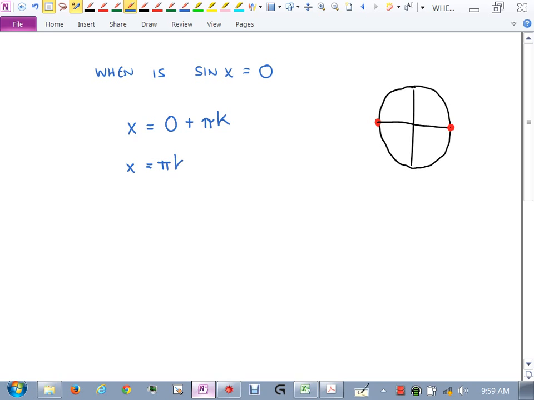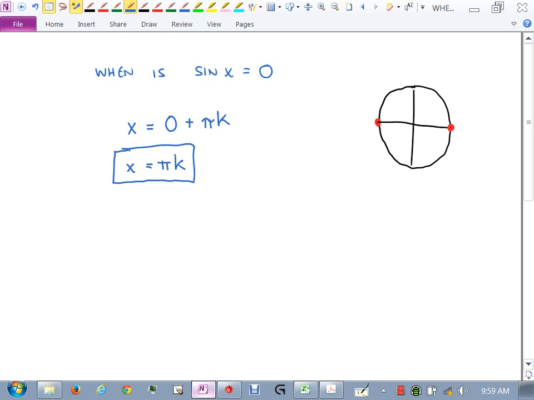Pi k. Now let's start looking at some of the possible answers here. If k is 0, what do you get? If k is 1, what do you get? Pi. k is 2, 2 pi, 3 pi, 4 pi, right? And then you can do all the negative ones.